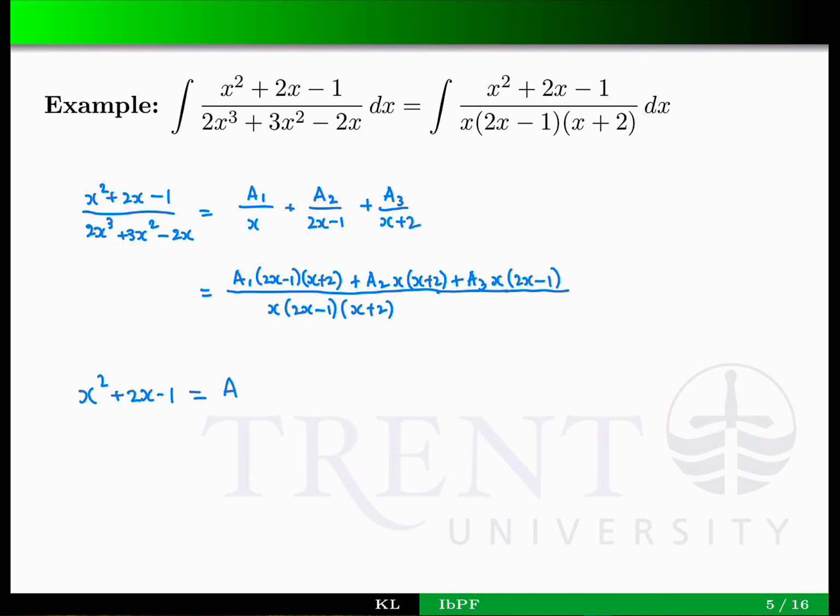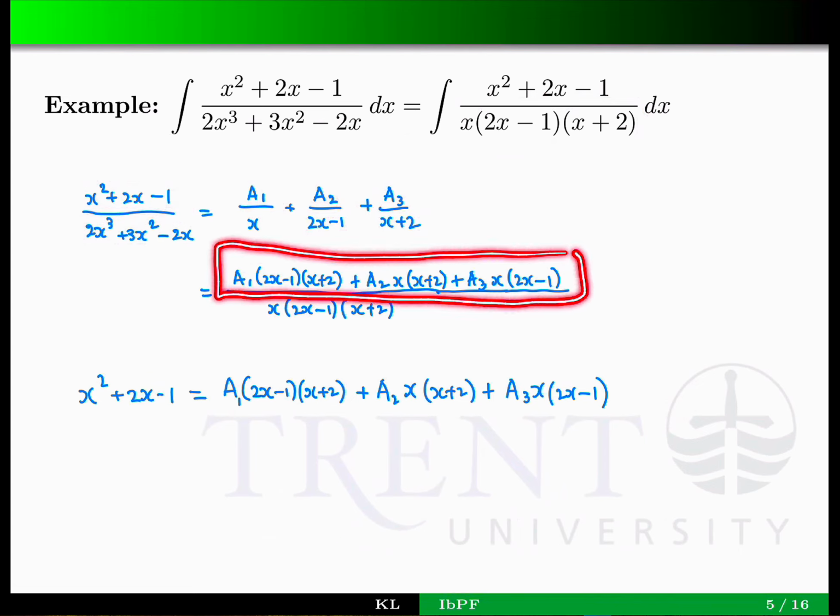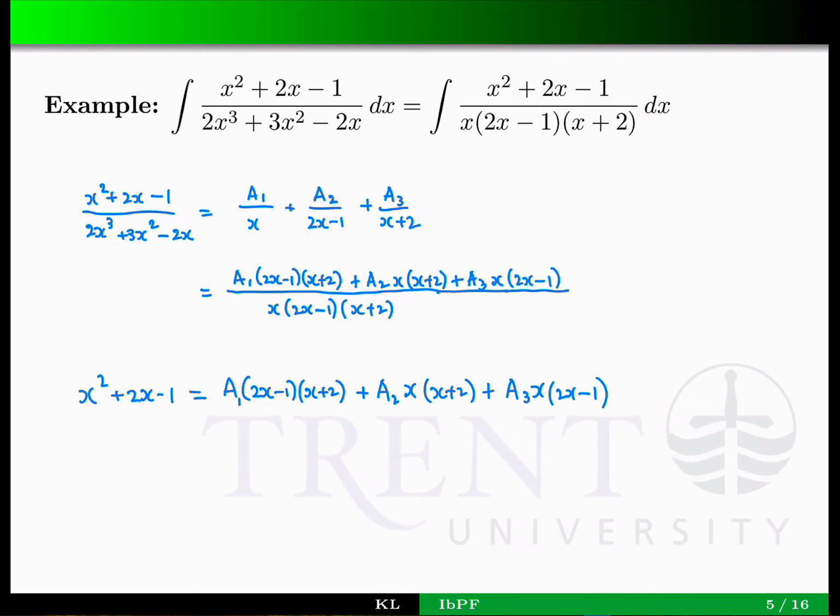This must be equal to A1 times 2x minus 1, x plus 2, plus A2 times x, x plus 2, plus A3 times x, 2x minus 1. So the numerator of the original expression must be equal to the numerator of the combined form of your partial fraction decomposition.